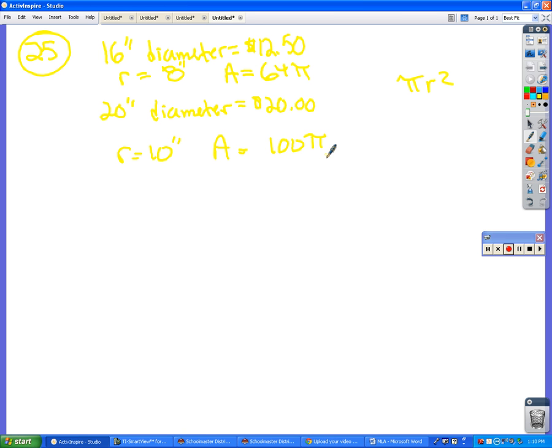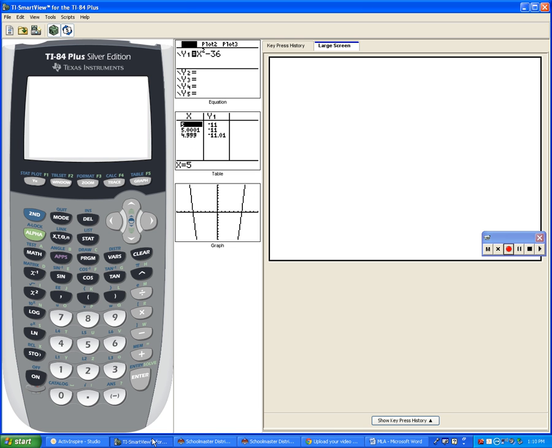How does that help us? By the price? Okay. So if I take the area of this one, 64 pi divided by 12.50, what do you get? Let's do it up here. 64 pi divided by, how much is that pizza? 12.50.